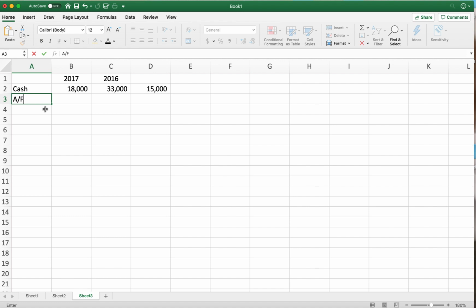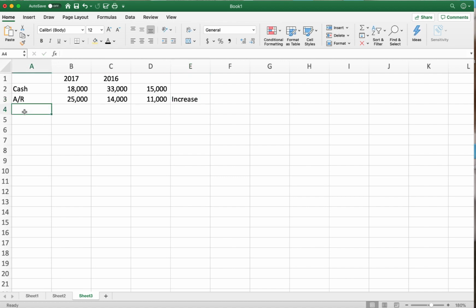So we're going to do AR. And for AR, we have an ending balance of 25,000. We have a beginning balance of 14,000. Okay. So what's going on here? Well, our accounts receivable is increasing, right? So I'm going to say increase.